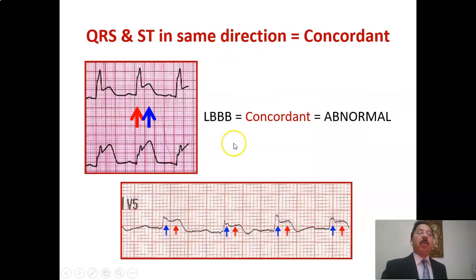But if you get QRS complexes and ST segment in the same direction, this is called concordant. So concordance in presence of left bundle branch block is always abnormal. What it means is, if you see the QRS complexes and ST segment in the same direction, this is clinically significant.